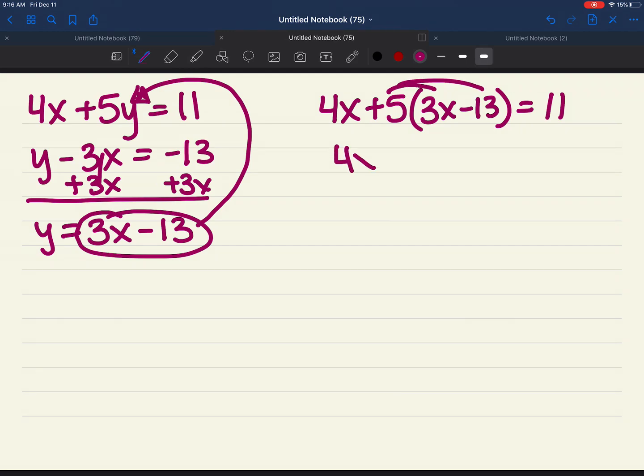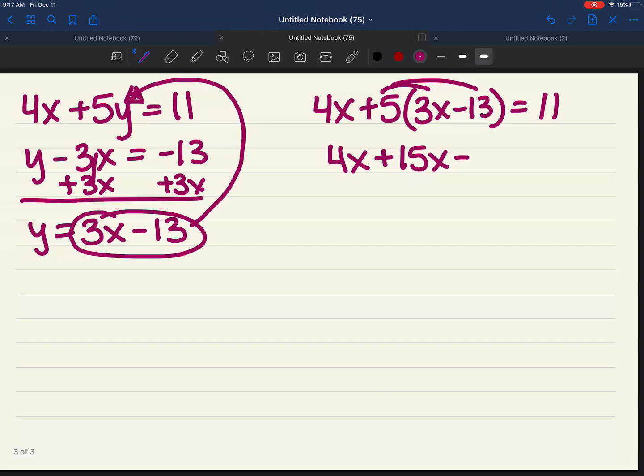Okay, keep going. What happens when I distribute 5 to the parentheses? You get 15x and negative 65.